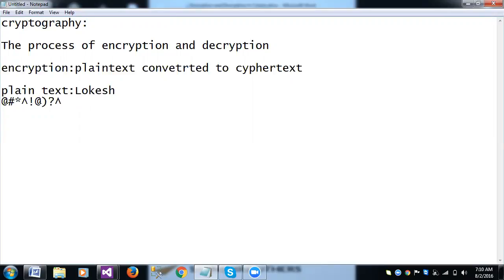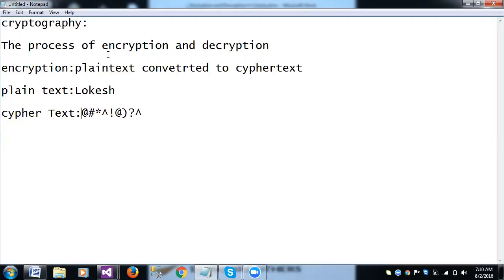Whatever original data we are giving is plain text, and this is ciphertext. That plain text information is converted to alphabets, numerics, special symbols, in combinations. This is what we call ciphertext.